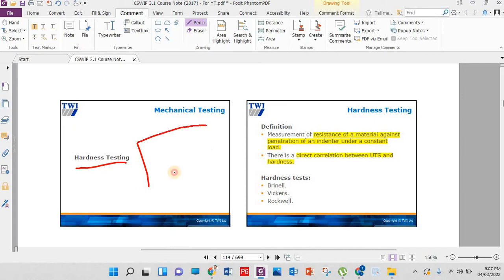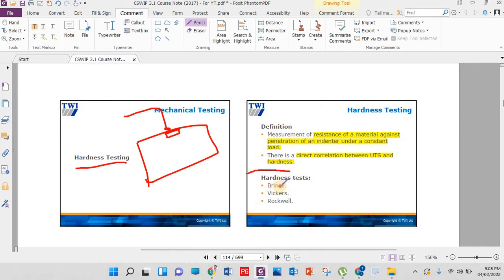I would like to explain it here. Here we have a plate, and here we have a ball connected with hydraulic force. If it penetrates more, like up to here, it means it has less hardness and less resistance. If the penetration is only up to here, it means this material has more hardness. I believe you got the point. This is resistance of material against penetration, right?